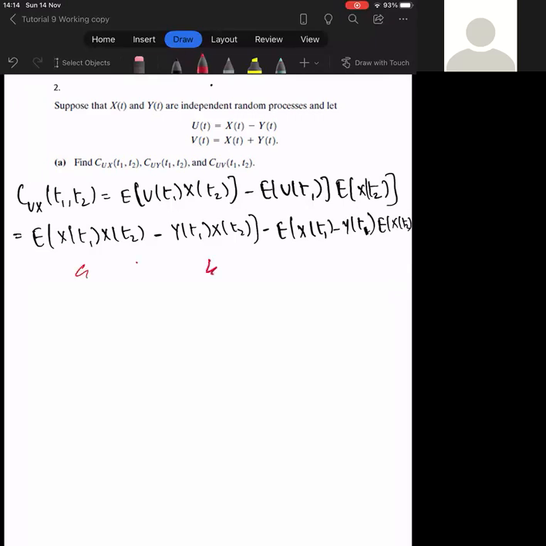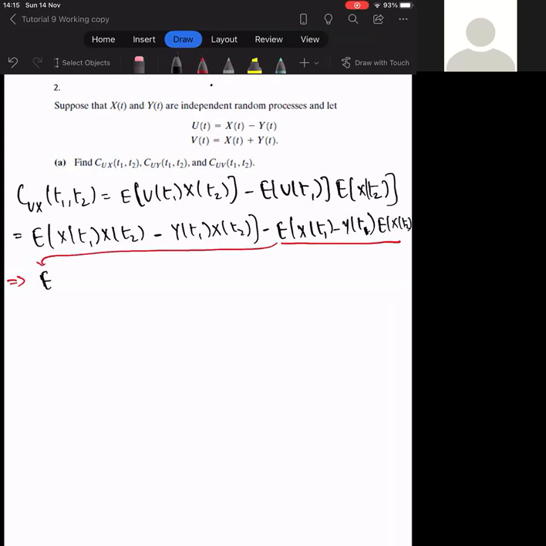Here, for more space, let me simplify only this part. Let me clarify further so it doesn't seem like I'm simplifying the upper one. I'm not looking at the first term now, I'm just looking at the second term.